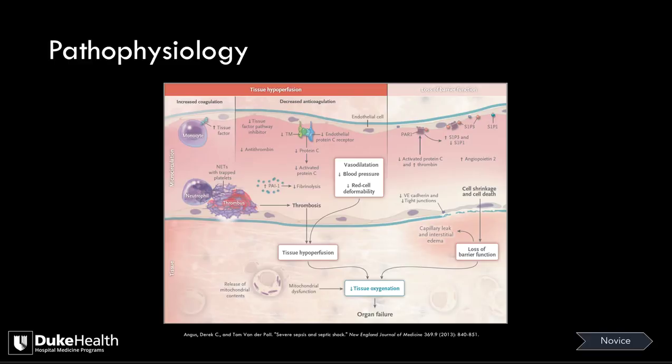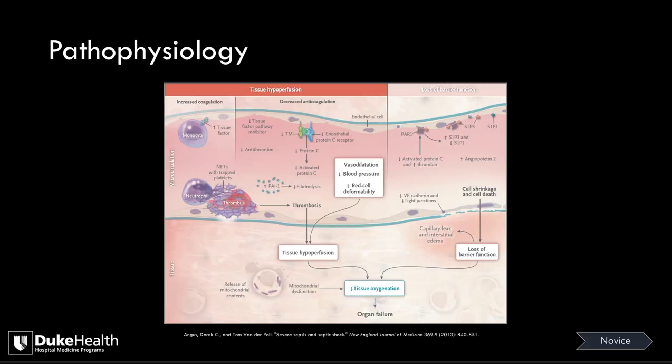For instance, steroids oftentimes have been trialed in patients who are septic, thinking that the inflammatory response is what we need to mitigate to improve outcomes, and it has never been shown to be helpful.